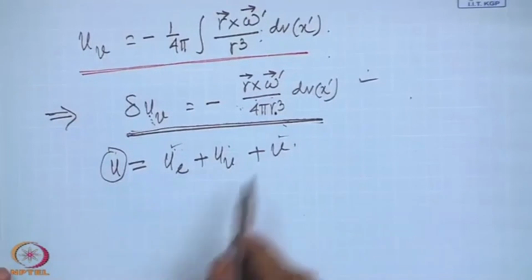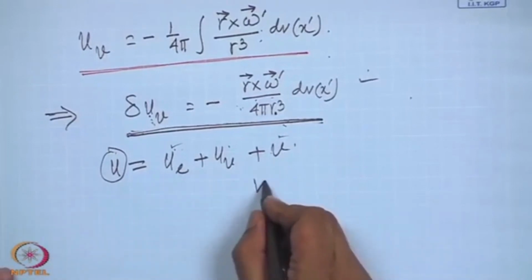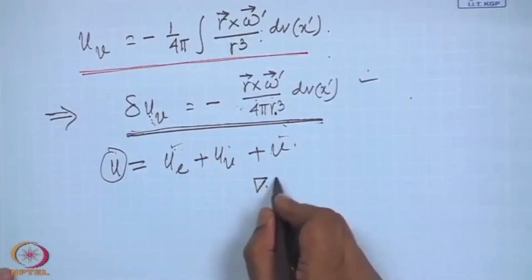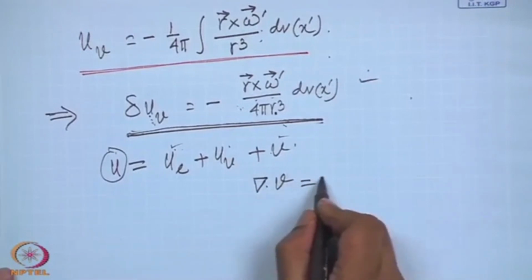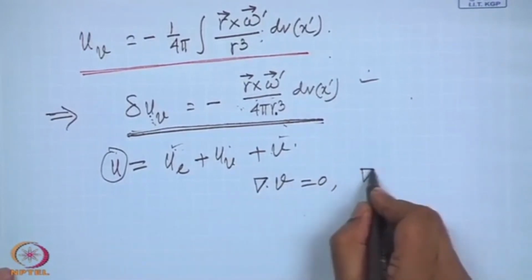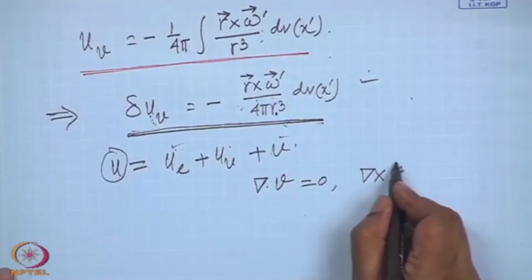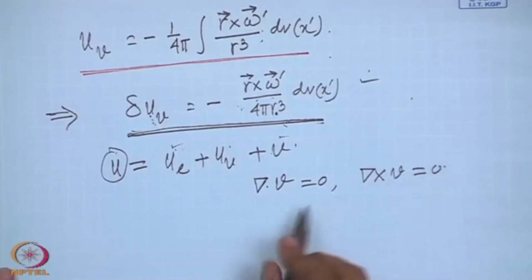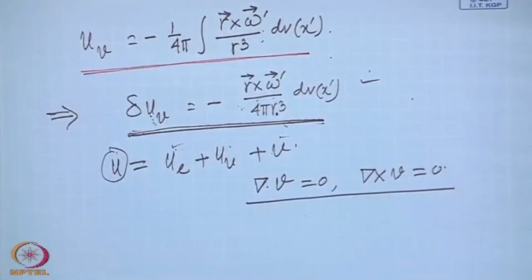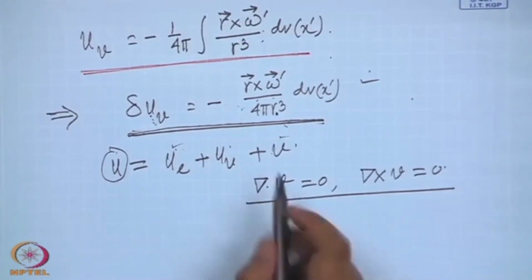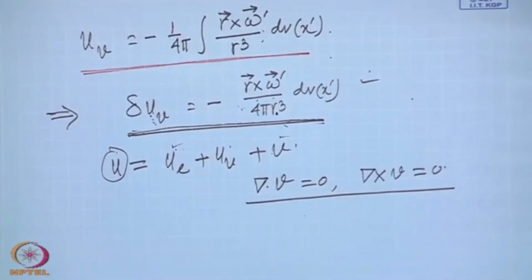What remains is v, and v is such that it is not associated with any expansion, that is, divergence of v is 0, and vorticity of this is also 0. So, our next task will be to find this velocity field.